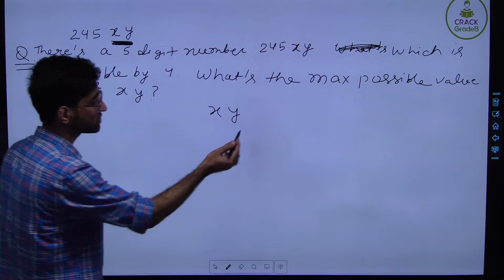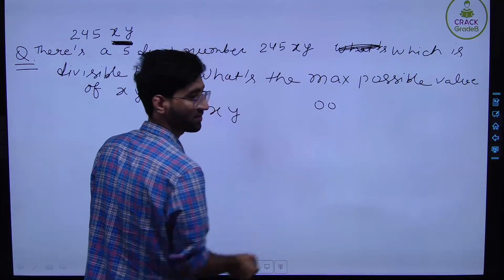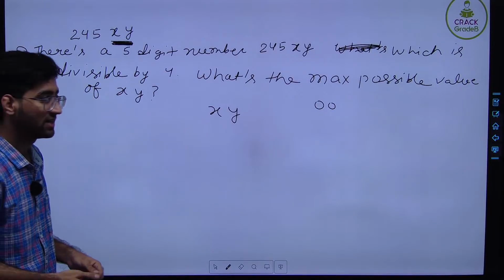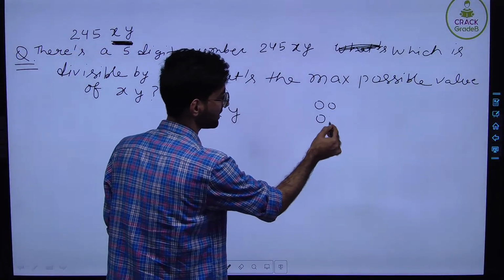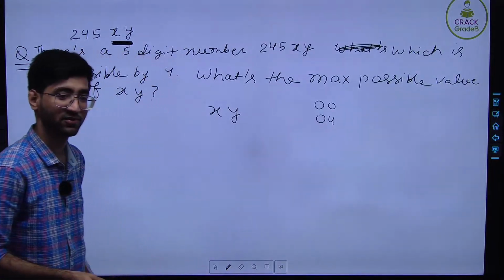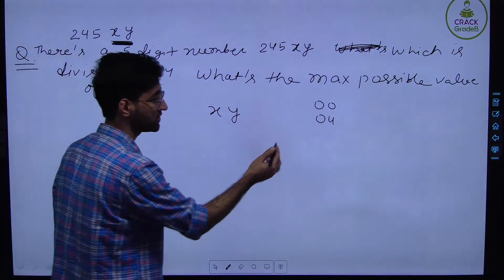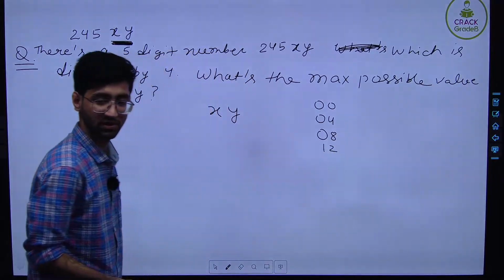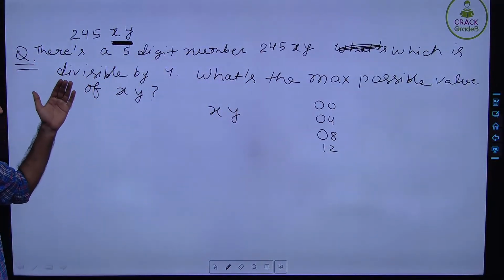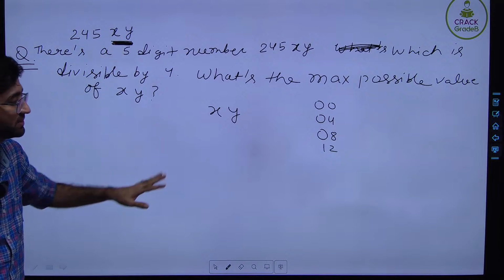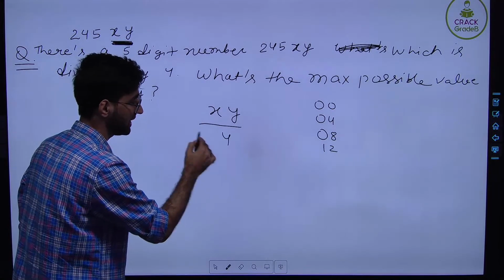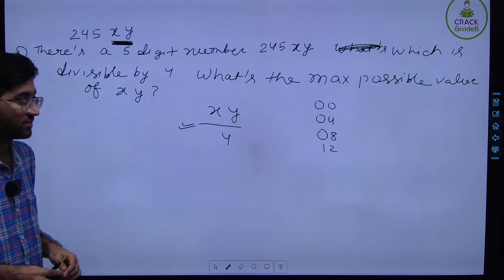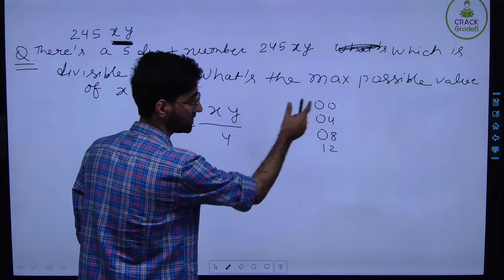See, you can also put 0, 0, and that will also be divisible by 4. You can also put 0, 4, 0, 8, 1, 2. If this number is divisible by 4, means XY is divisible by 4. Means 0, 0 will also be divisible by 4.